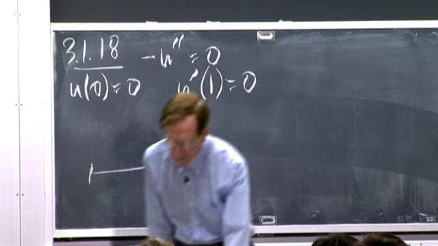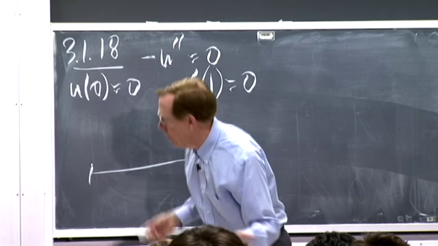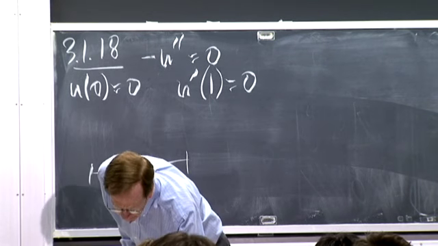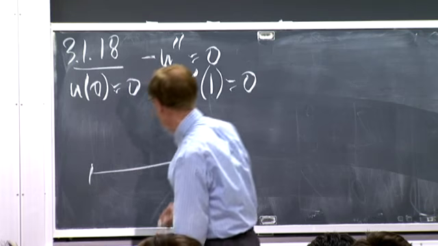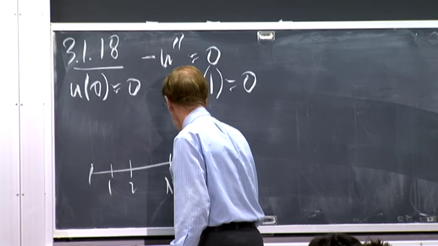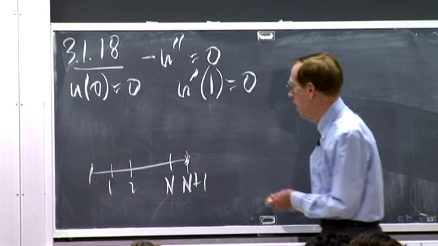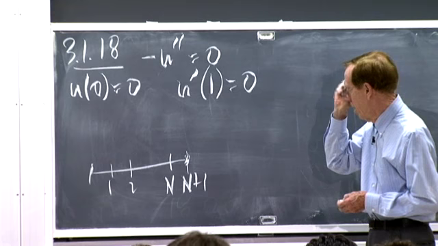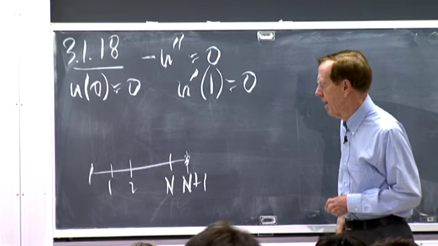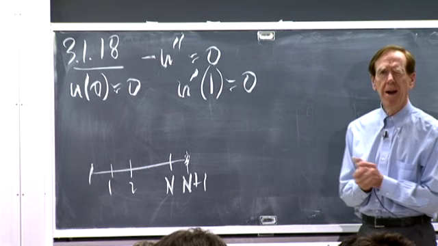I don't remember how many were used in the problem. Well, it allows you to use n interior points, 1, 2, up to n, and then another one. Okay, so what's the finite element method?